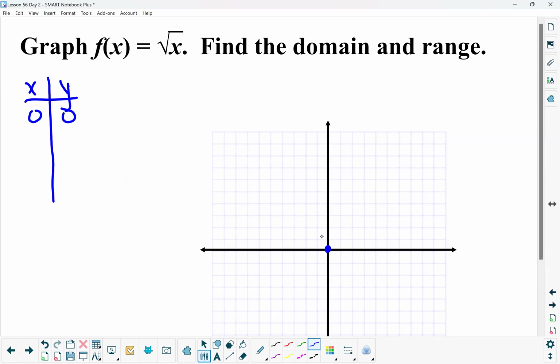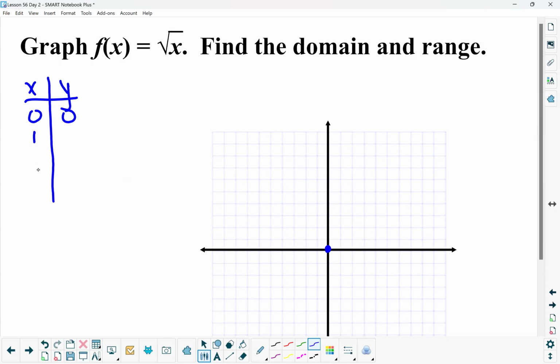I then said, take a look at 2 values that are less than the value that gives us 0 and 2 that are more than. Well, in this case, if I plug in anything less than 0, I cannot take the square root. So I'm not going to worry about negatives, and I'm just going to look at values greater than 0, and I'm going to pick them very carefully.